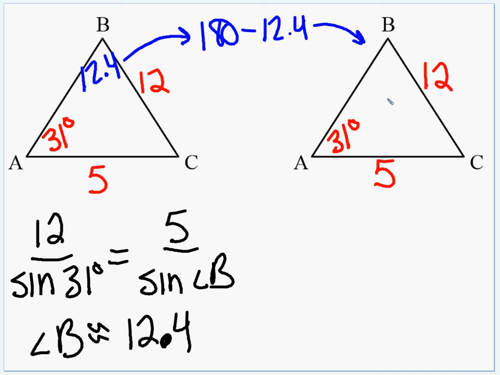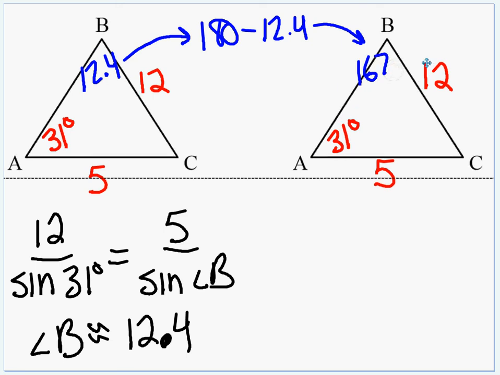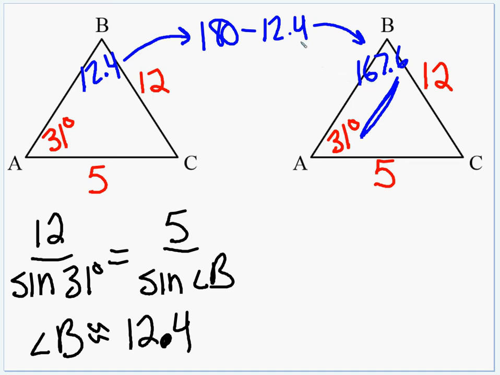That is 167.6. So if I write this angle as 167.6, that's already more than 190 degrees. If I add this angle A and B together, it's over 190, so that's not a triangle. We can cross it out. There is no second solution.